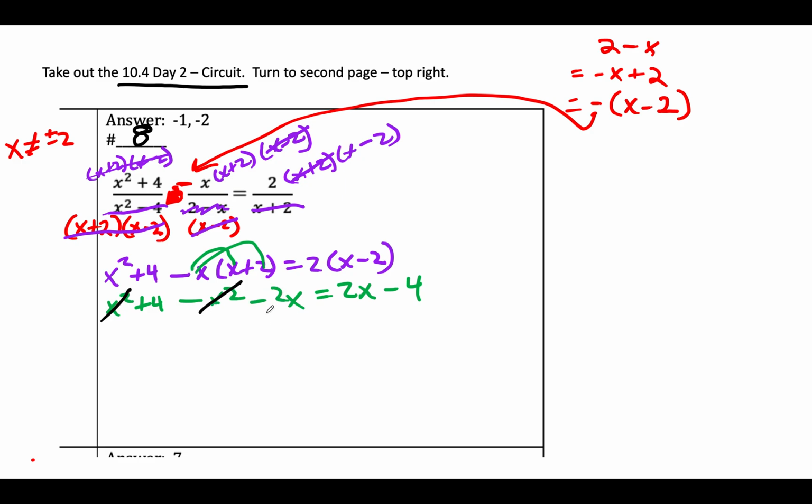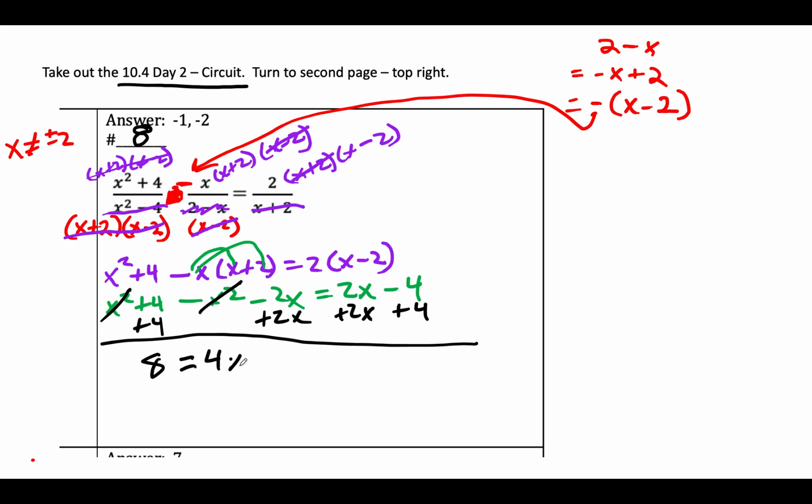And now I'm going to add 2x over because I like positive numbers and they like me. And I'm going to add this 4 back. And I'm going to get 8 equals 4x. And I'm going to get x equals 2.